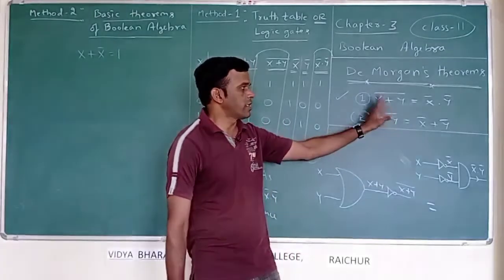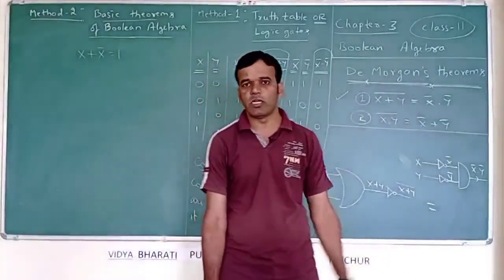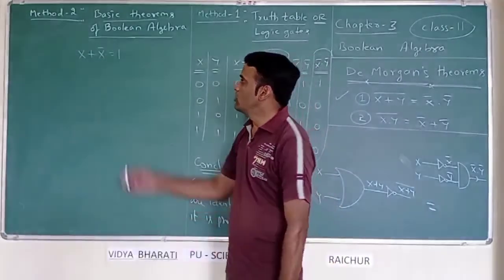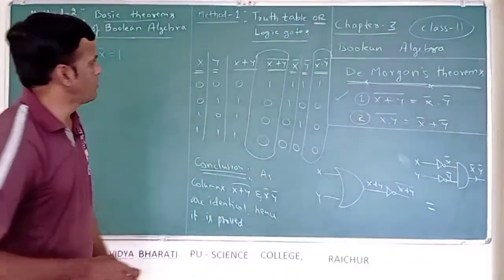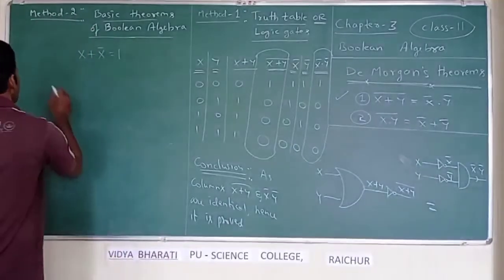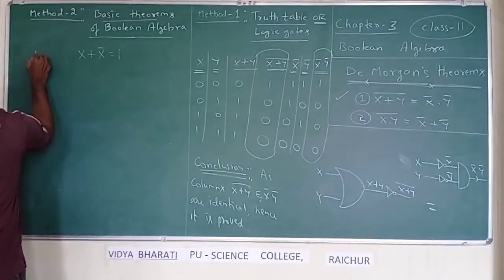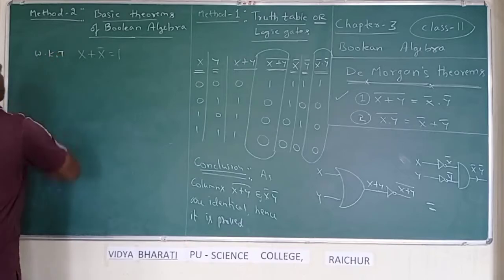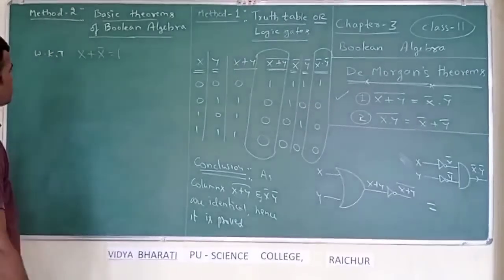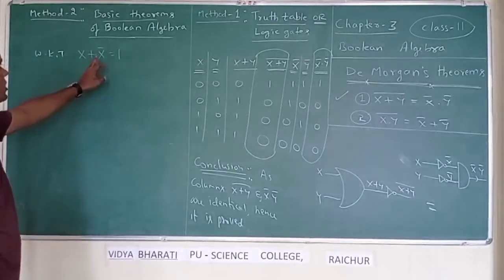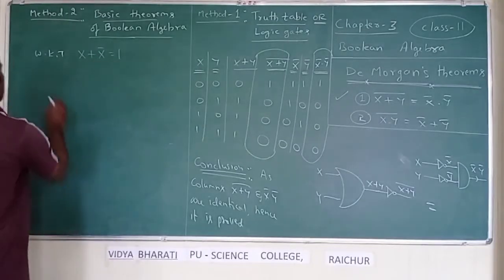First we will go for x plus y whole bar equals x bar into y bar using this complementarity theorem, x plus x bar equals 1. So we know this is one particular law: x plus x bar equals 1.